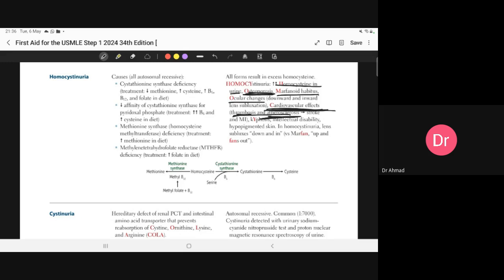This can be tested. In Marfan syndrome, you have abnormal dilation, like aortic regurgitation and all this, or aortic dissection that leads to the disease. But in homocystinuria, you have thrombosis and atherosclerosis. You can have kyphosis as well. You can also have intellectual disability too.